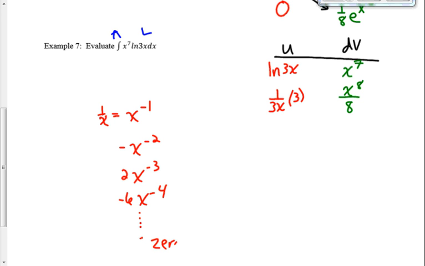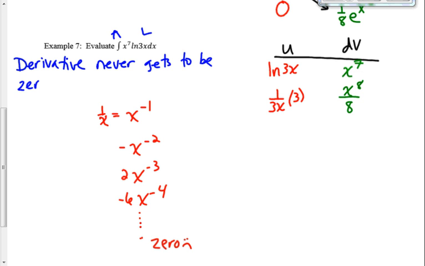Which means I need to do some stealing again, because my derivative never gets to be 0. So we're going to steal again.